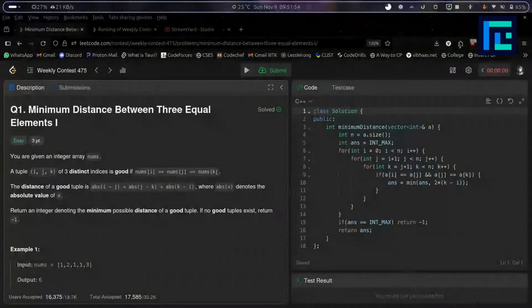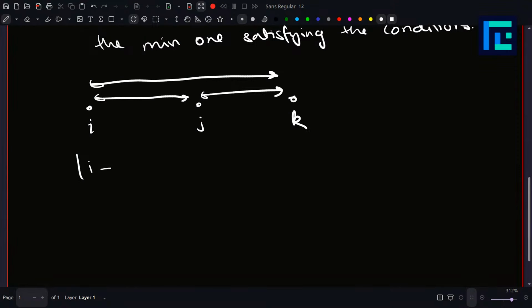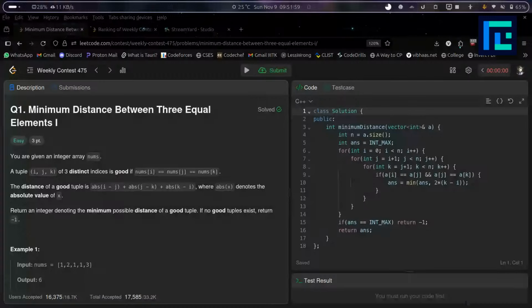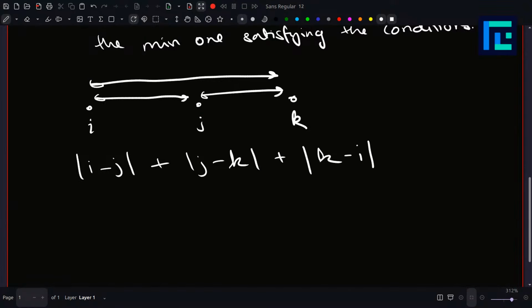In other words, we can write it like this: i - j plus j - k plus k - i.